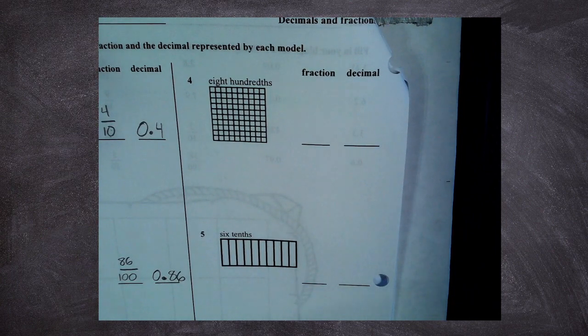I think number 4 can be kind of tricky, but let's see. It's okay, Chase. Number 4 says 8/100. How many pieces do I need to shade in? How many pieces are they asking me to shade in for problem 4?